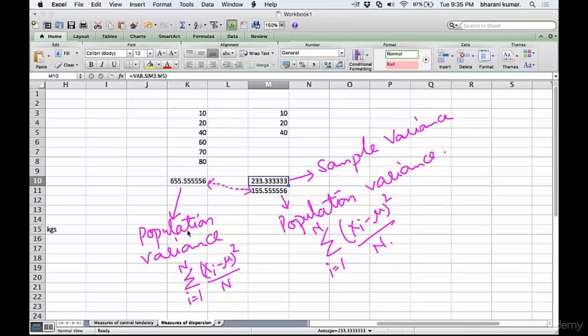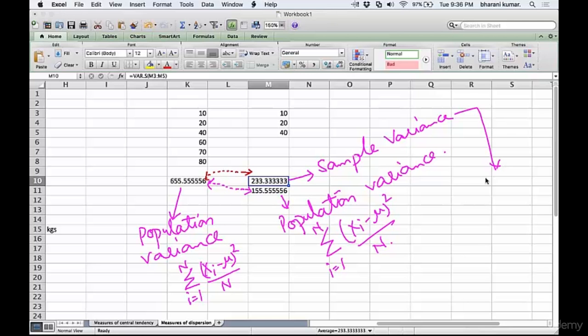For population variance and for sample variance, if I use the same formula, there's a huge difference. However, when it comes to the sample variance, the difference between these two has slightly reduced, as opposed to the difference between these two, right?